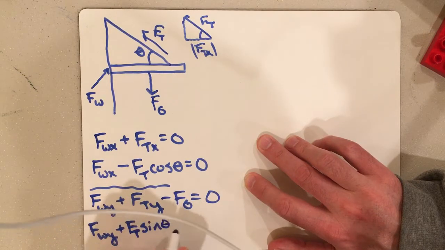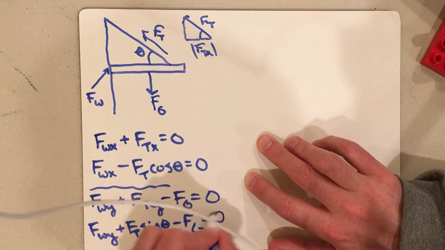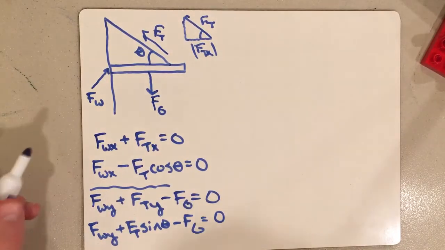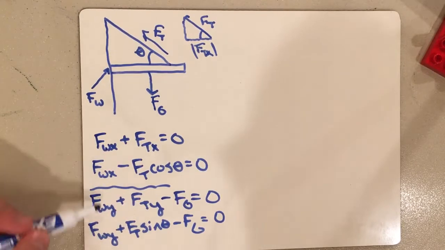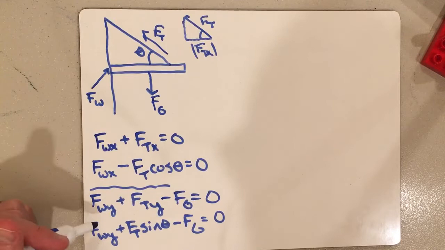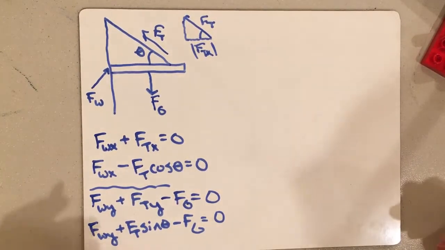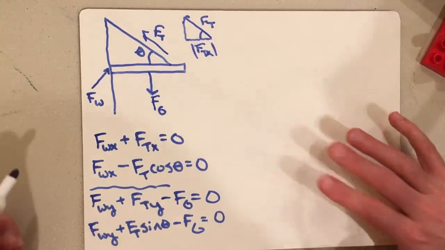That's Ft sine theta. That's minus Fg. That has to equal 0. You'll notice, although I did vector analysis for the tension, I didn't do it for the wall. That's because I don't have an angle. I haven't been forced to define an angle, so I didn't worry about it. But certainly if I wanted to write an angle down, I could do that as needed.